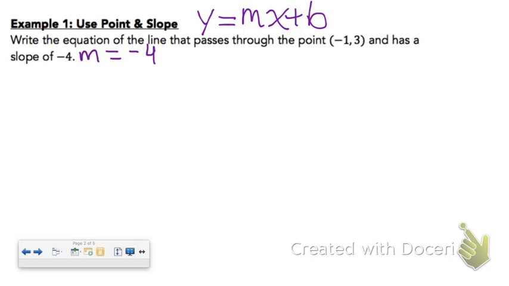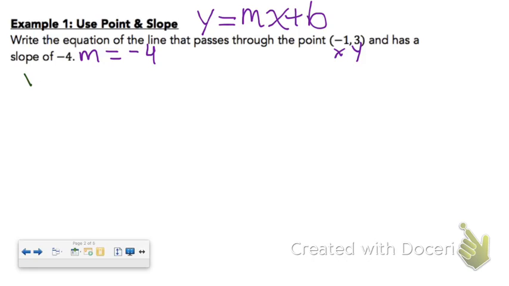So what we're going to do, if you remember, at one point we talked about how x and y stand for any and all points that fall on the line. So this ordered pair, -1, 3, is just one point that happens to fall on the line. So we're going to plug it in and then solve for b.